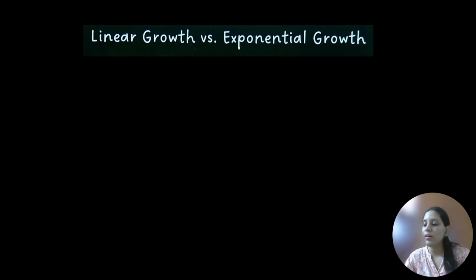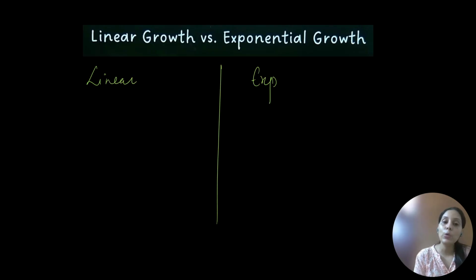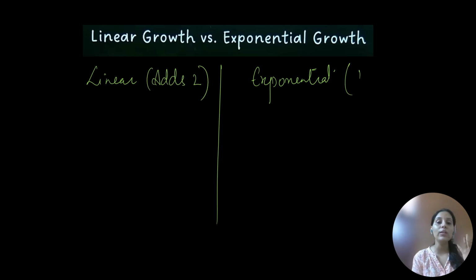Now, what is linear growth? Linear growth means it always adds to. Whereas exponential means it multiplies to. अब देखो, first time it is okay. दोनों के पास 2 rupees है. Now linear growth, your mom gives you +2.